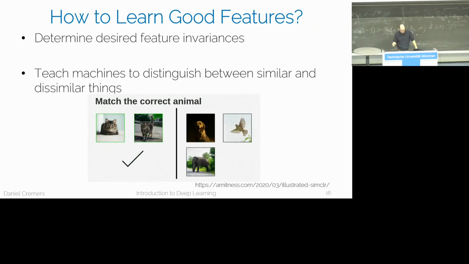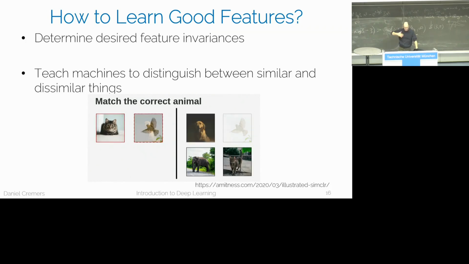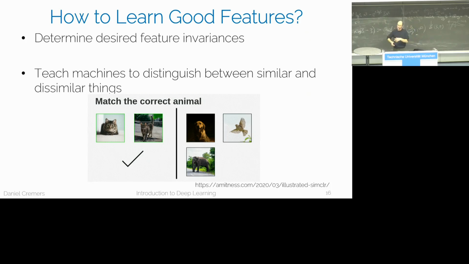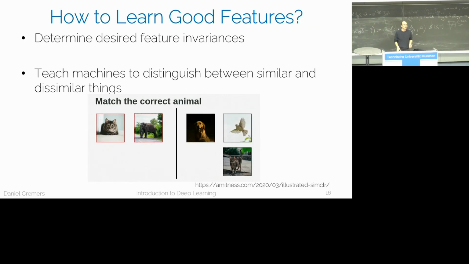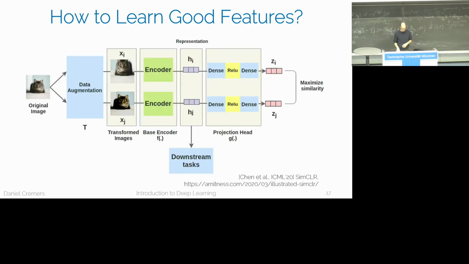So basically teaching machines to distinguish between similar and dissimilar things is a little bit related to data augmentation. You can take your data set, augment it, and say, I want the features to be invariant to these augmentations: shifting, rotation, scaling, contrast, transform. So even without having a specific task in mind, I can say the features should be invariant to these transformations.